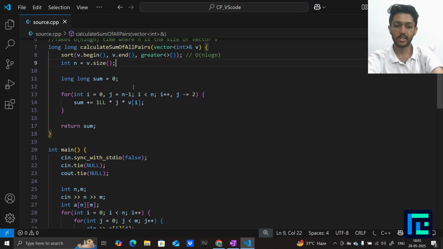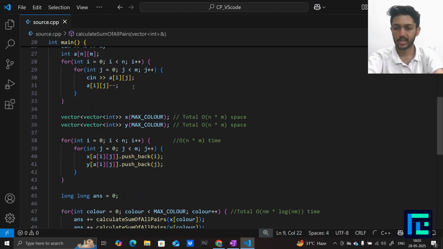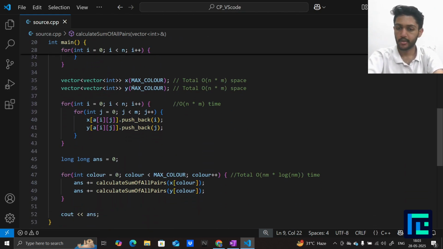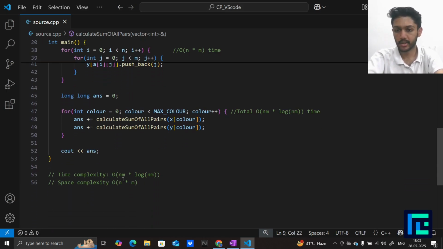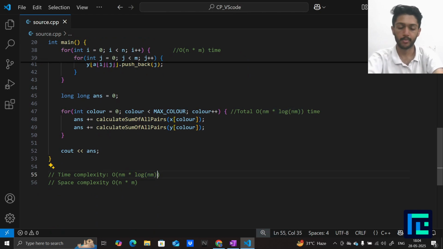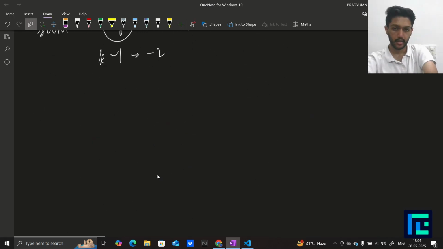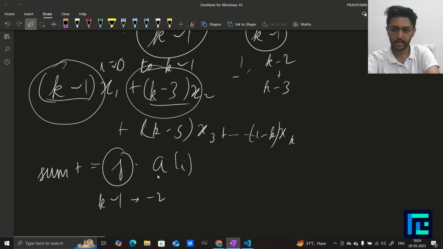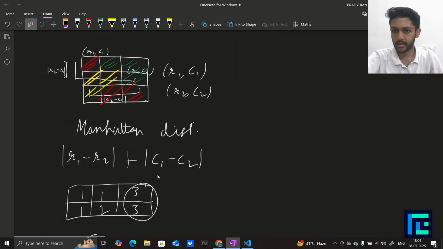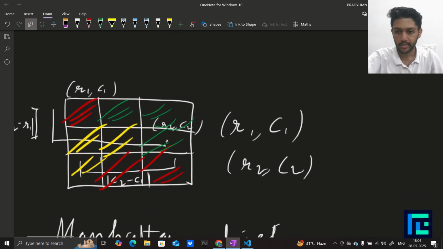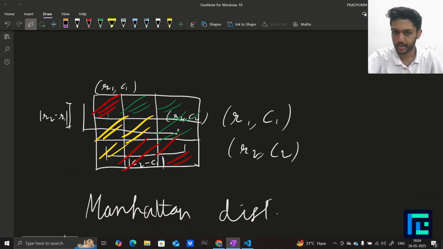And since we are calculating the sum for all the colors, we can simply notice that the TC of this is nm into log n. Why is that so? Actually, I'll just give an example. So we have this thing right here, where we have 3 yellows, 3 reds, and 3 greens.